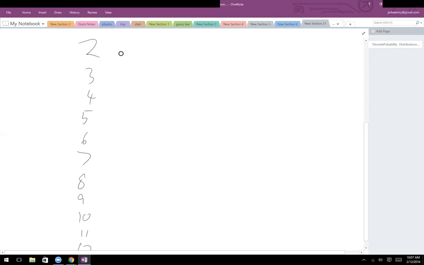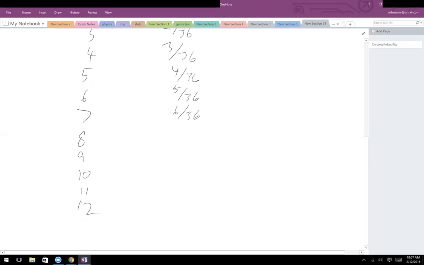So the only way to roll a 2 is double 1, so that's 1 out of 36. For 3, you can roll either a 1, 2, or 2, 1, so that's 2 out of 36, and so forth. There we go. So 1 out of 36, the odds of a 3 are 2 out of 36, 3 out of 36 for 4. I won't write them all down every time, but this is the first example.